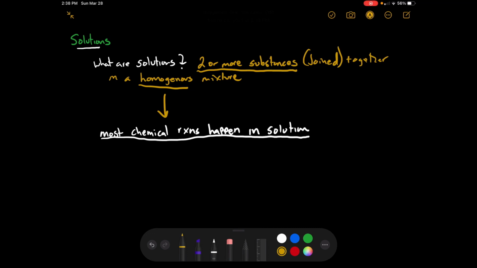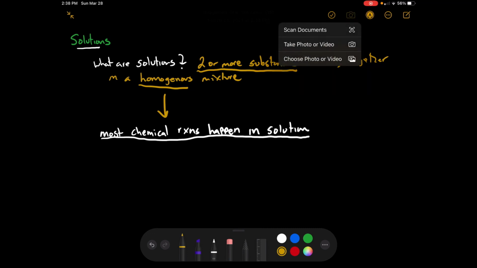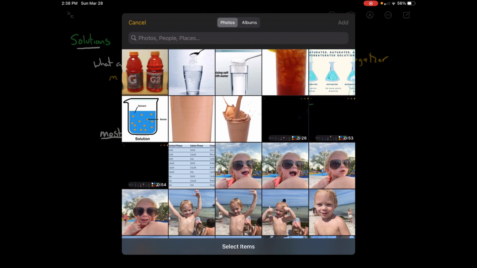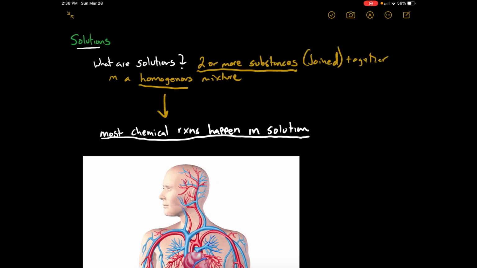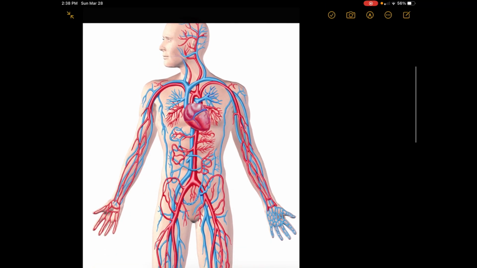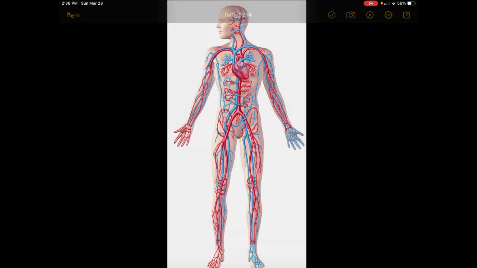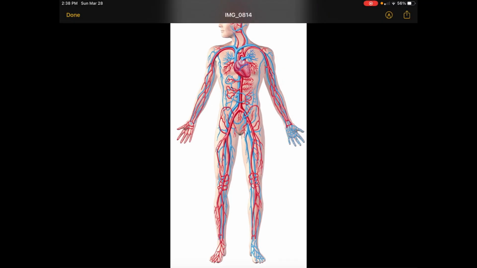So let's take a look at a few everyday solutions. Let's look at some pictures here. I've got an album set up for solutions. The first one I want to look at, number one, is simply our body. Most of the chemical reactions that keep us alive are in solution, and the solution is in our blood. Blood is carrying oxygen gas. It's carrying various enzymes that help us to digest food.